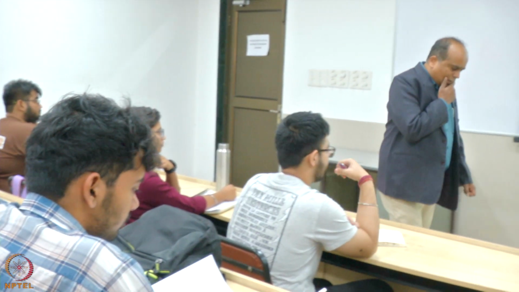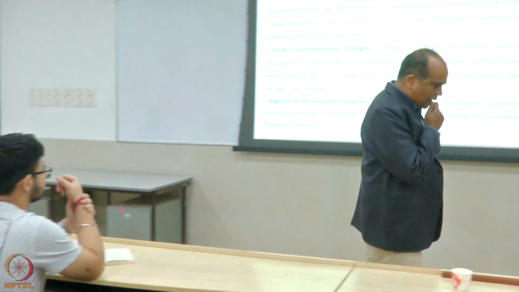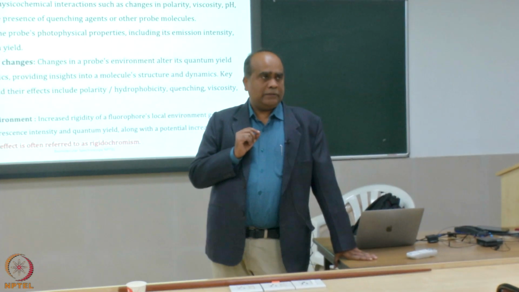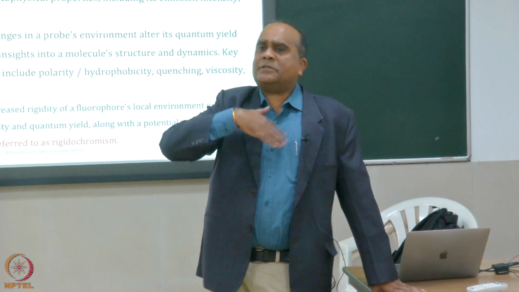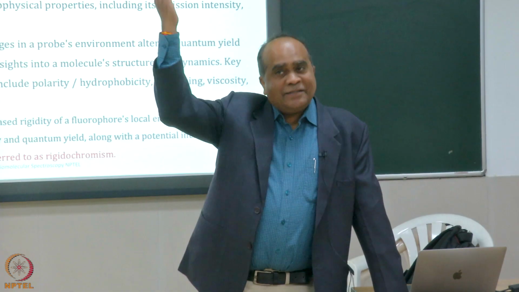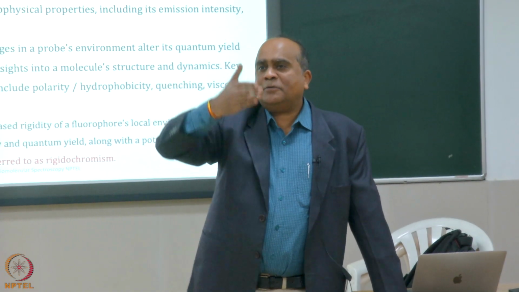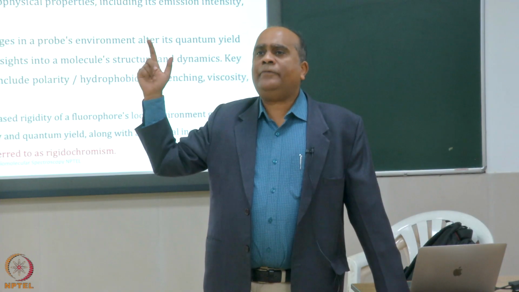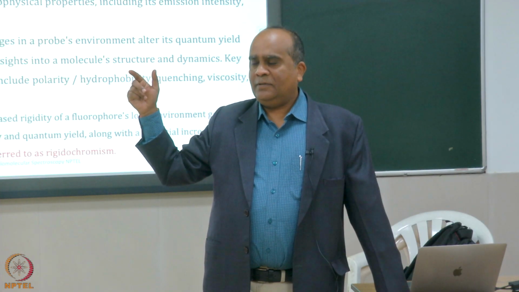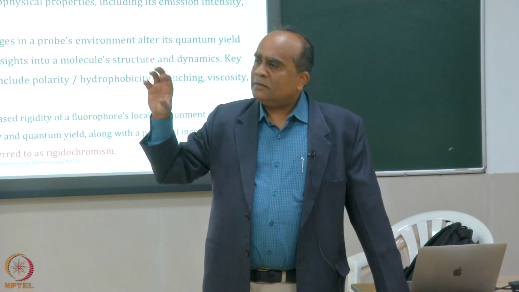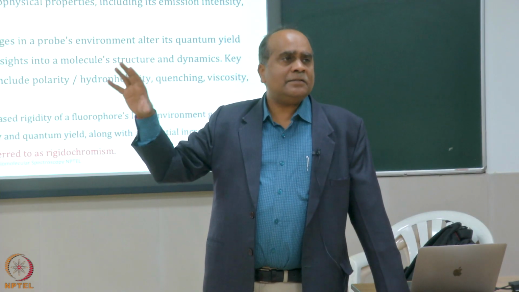Another important factor is probe conformational change. The fluorophore is giving you signal. Suppose this guy is wobbling too much or something is happening, there is a decay. You remember we have talked about something called fluorescence lifetime. So, conformational change can dictate the intensity that comes.